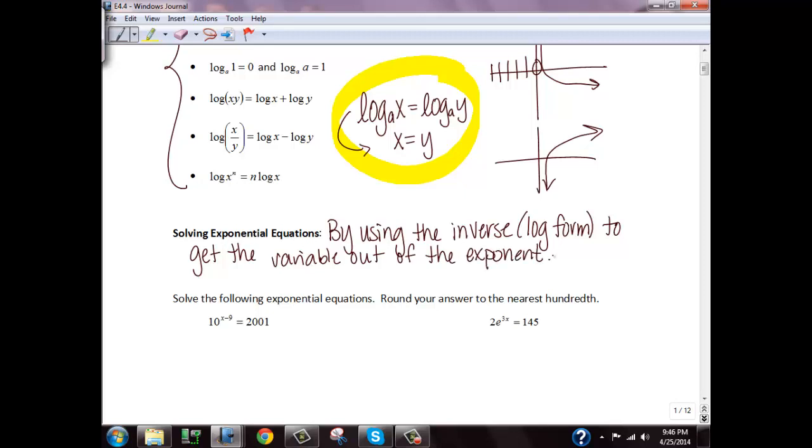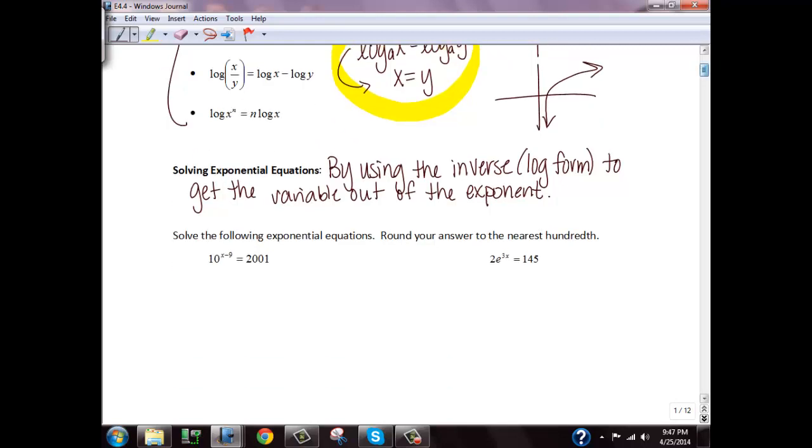Anytime we have it in exponential form, the way to get a variable out of the exponent is to take the log form of it, because logs and exponents cancel one another when they have the same base. So let's look at a few examples here.